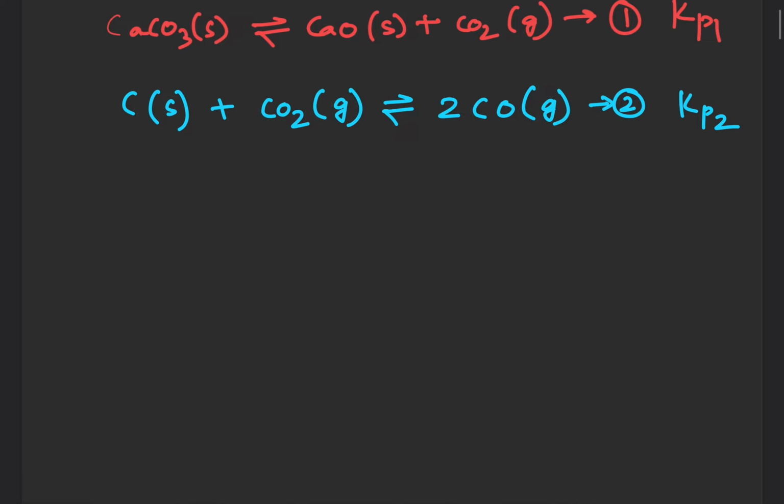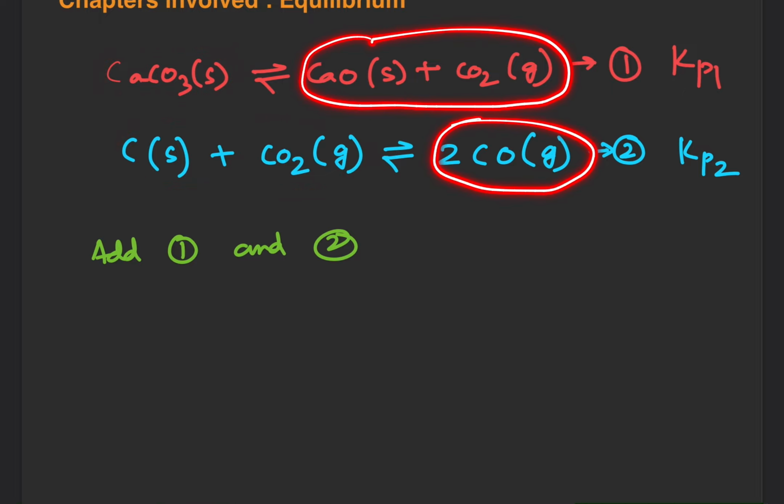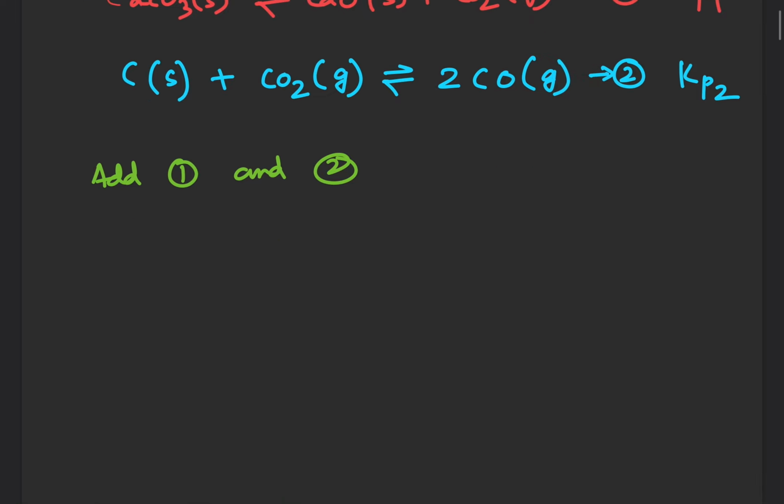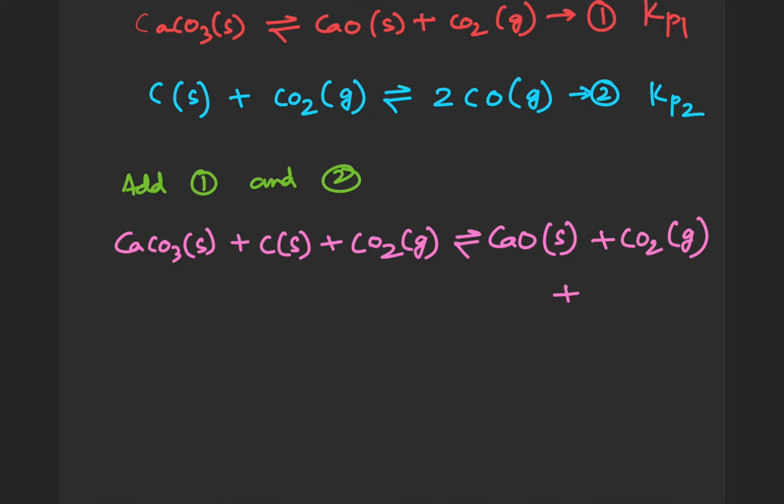So if we add 1 and 2, how will you add them? Obviously, LHS gets added to the LHS and RHS gets added to the RHS. So we will get CaCO3 solid plus carbon solid plus CO2 gas in equilibrium with calcium oxide solid plus CO2 gas and 2 carbon monoxide gas.